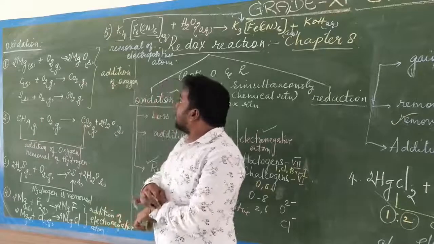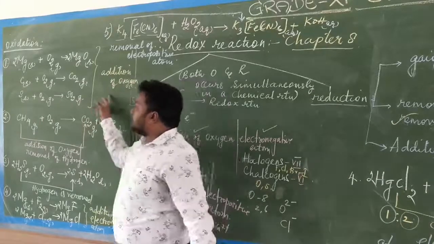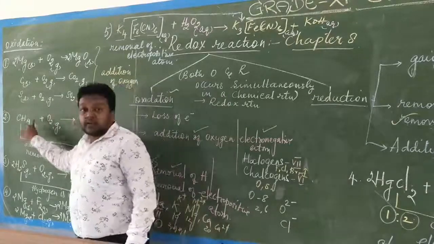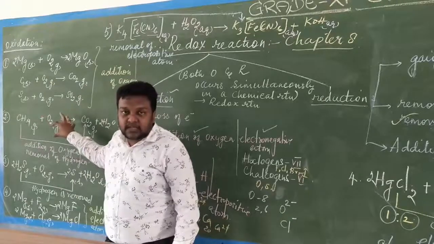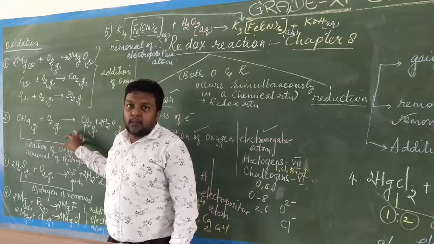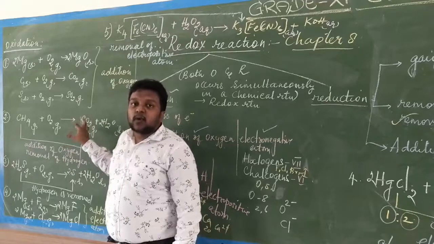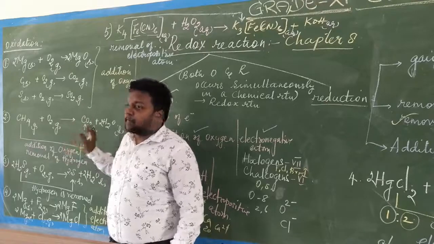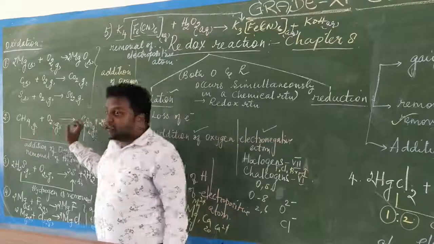This is nothing but addition of oxygen examples. In the examination they will give you the equation and ask you to find out what the oxidation and the reduction is.